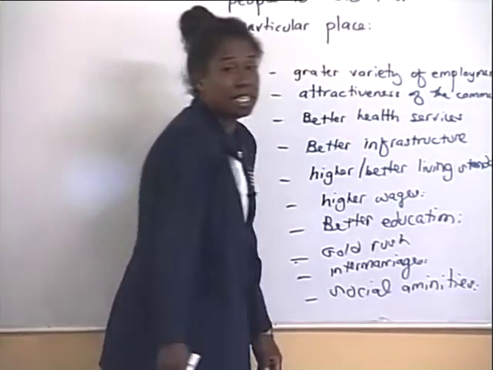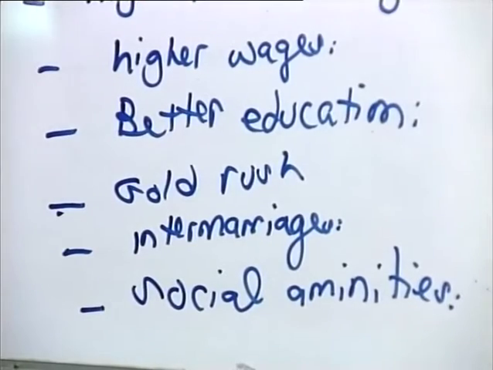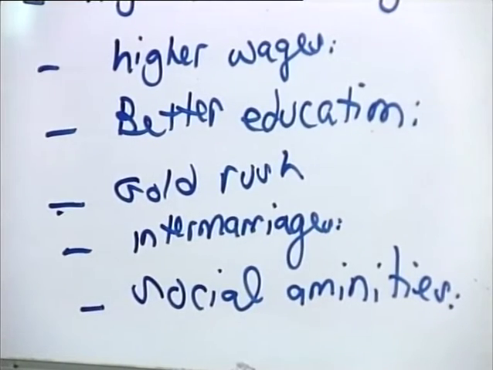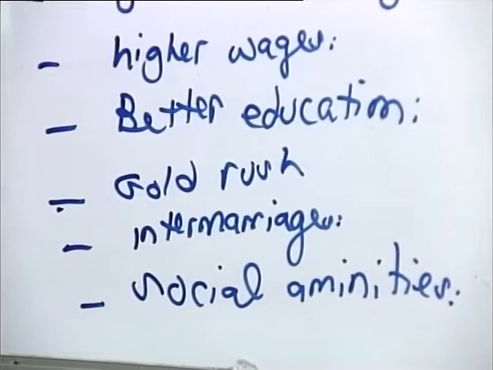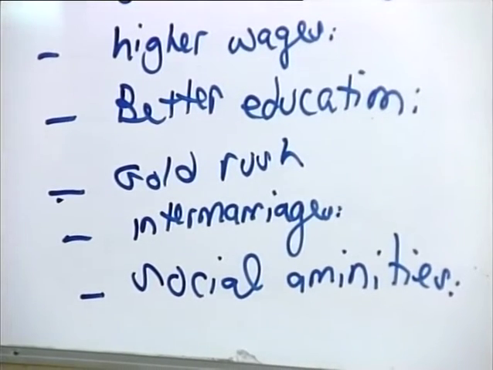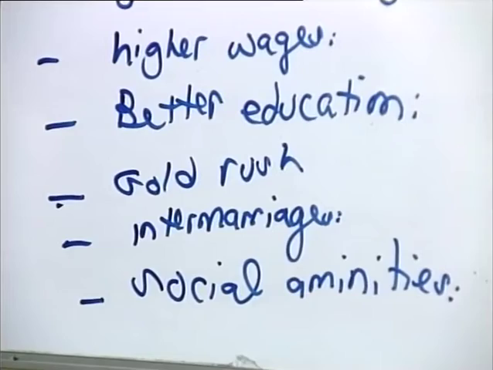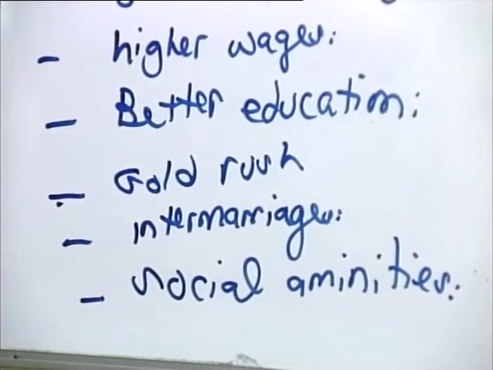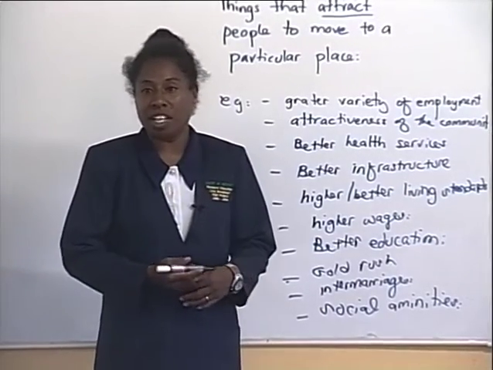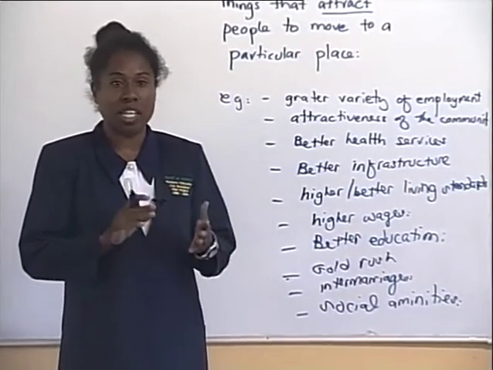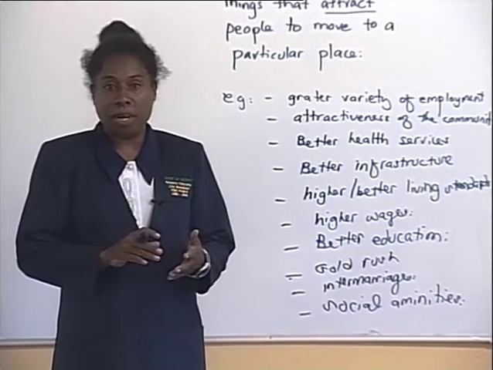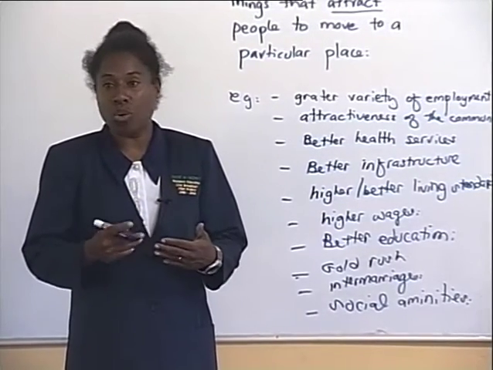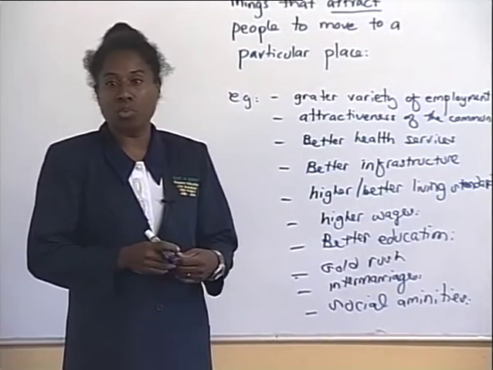Okay, social amenities. We have discos and party places and pubs and bars and sporting activities and sport fields and gymnasiums and swimming pools and all of those that people are also attracted to. Maybe in the village you might not have access to those things because they are not provided. But when you come to maybe a town or a city, most of those things would actually be provided.